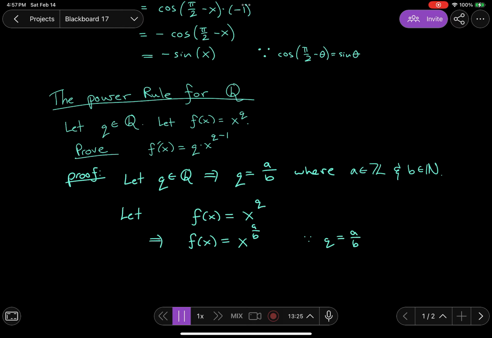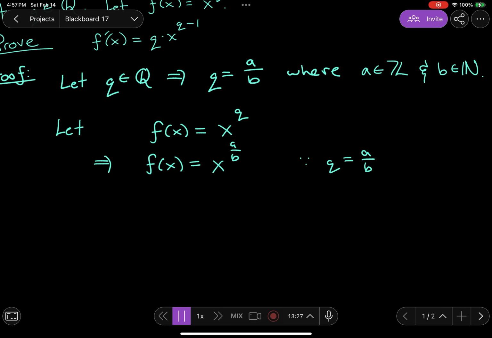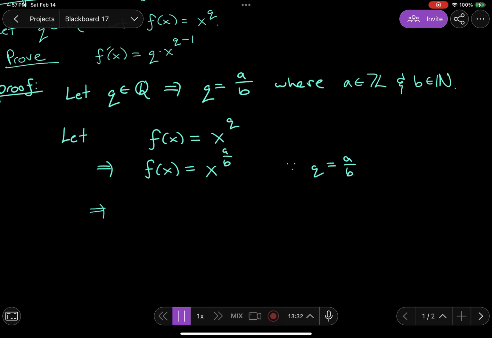I'll do a nice style proof here. But what does this mean? If I raise both sides to the power of b, what I have is f of x raised to the power of b is equal to x to the power of a.